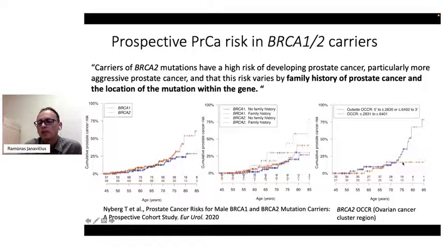And here we can see an inverse correlation of the mutation localization. Mutations which fall into this ovarian cluster region actually have very low prostate cancer risk. However, on the contrary, mutations which do not involve this cluster have significantly higher prostate cancer risk.